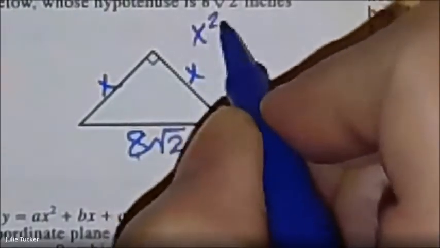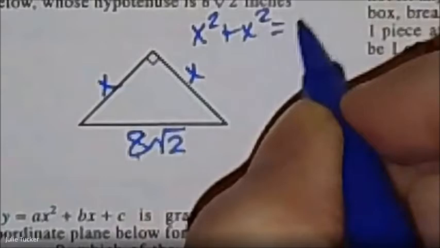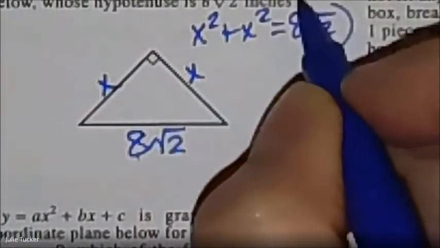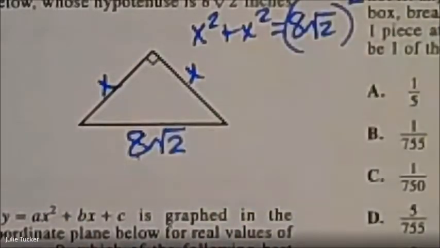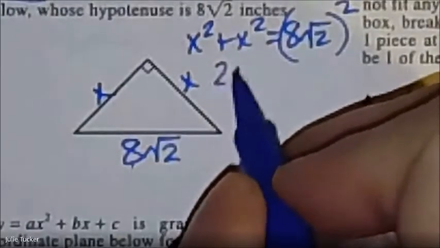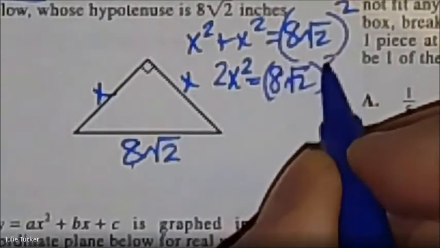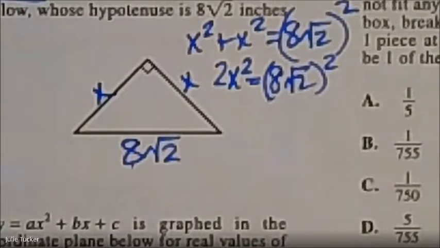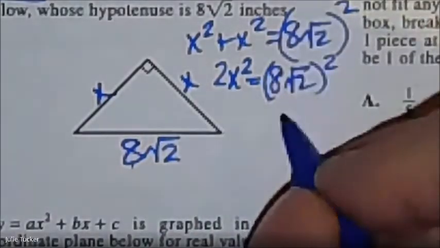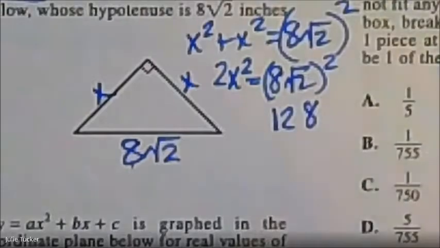So we have x squared plus x squared equals 8 square root of 2 squared. So that's 2x squared equals this. We would just use Desmos for that, you know, but I know the answer. 8 square root of 2 squared is 128.